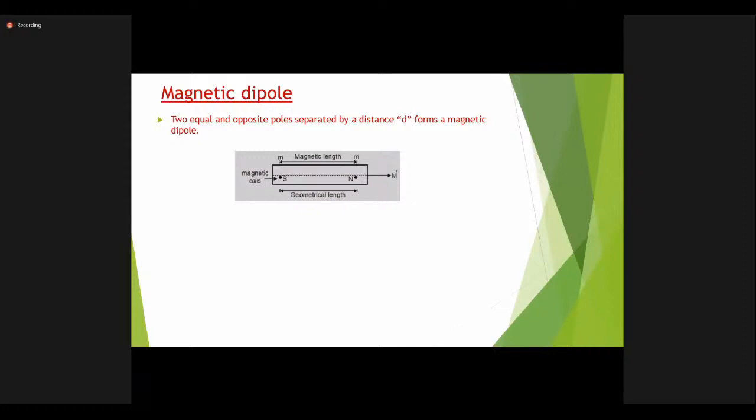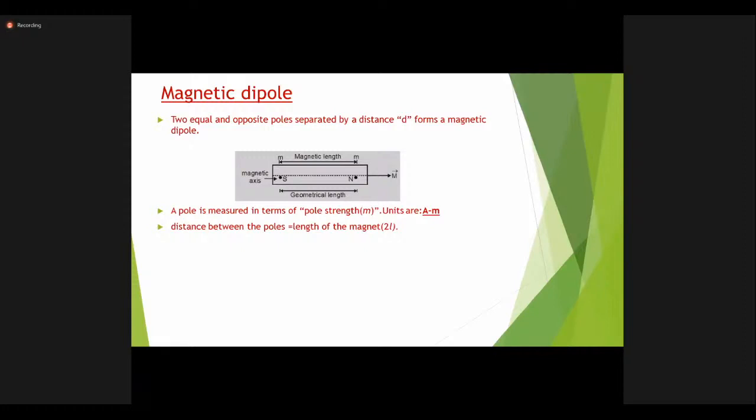The product of the pole strength of one of the poles and the distance between them will give you magnetic dipole moment or magnetic moment. In general, any pole is measured in terms of pole strength. The units are ampere meter. And the distance between the poles is also called the length of the magnet, which is given by 2L.